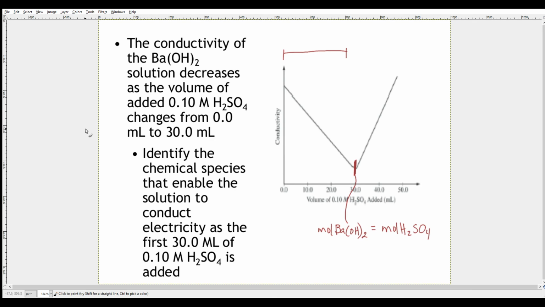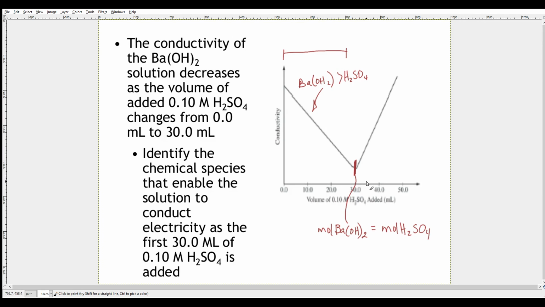So before that, let's say over here, do we have more barium hydroxide or more sulfuric acid? Here we have more barium hydroxide because we are slowly adding more and more of our titrant.